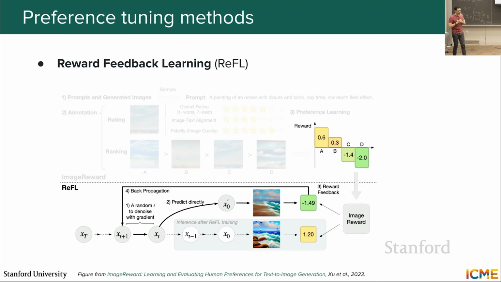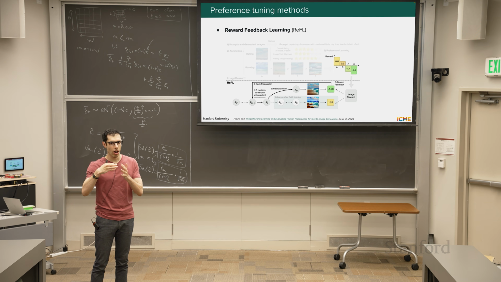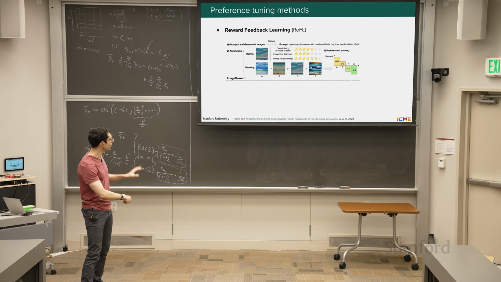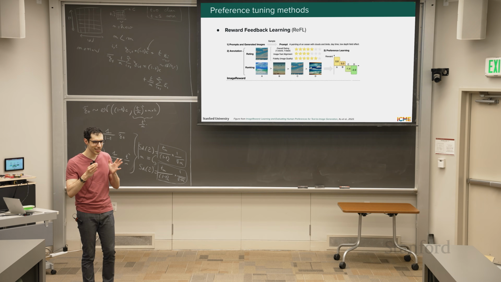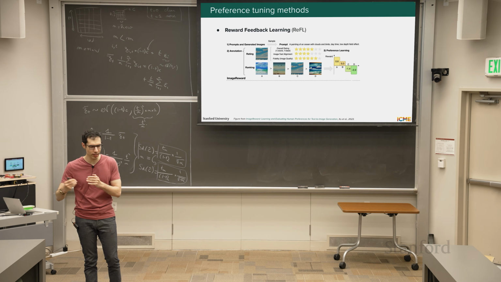So what you care about is to tune your text-to-image generation model to produce images that are of higher rewards. Because the reward model that you trained is something that hopefully aligns with human preferences.